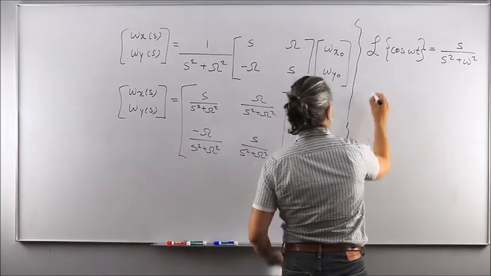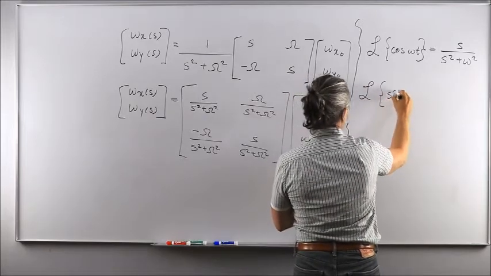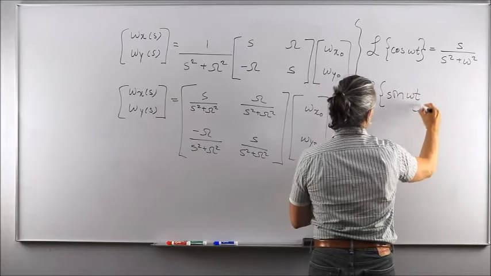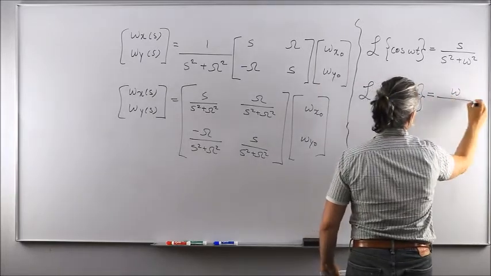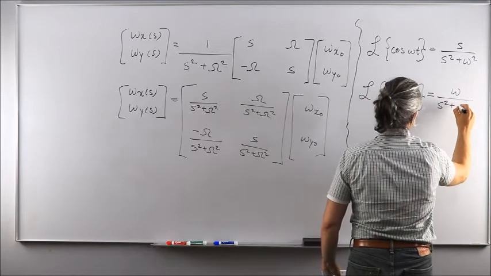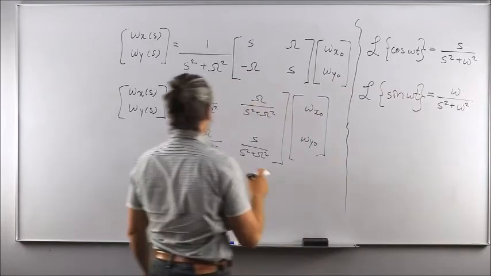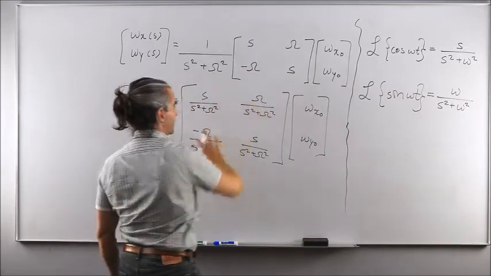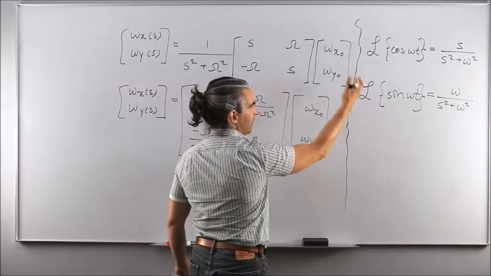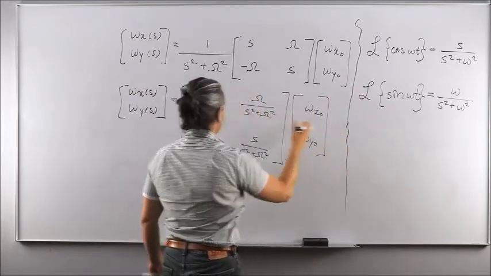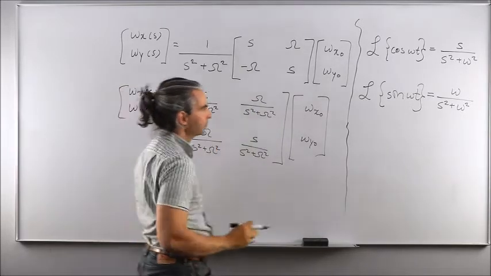And similarly, if you were to take the Laplace transform of sine omega t in the time domain, that would give you, in the S domain, omega over S squared plus omega squared. Turns out this is pretty much what we have inside this 2 by 2 matrix, right? Where the generic omega used in Laplace transform tables happens to be our relative spin rate, capital omega here, okay?